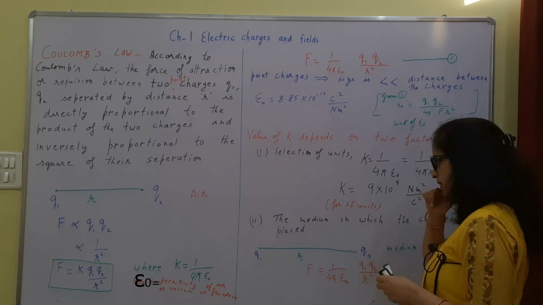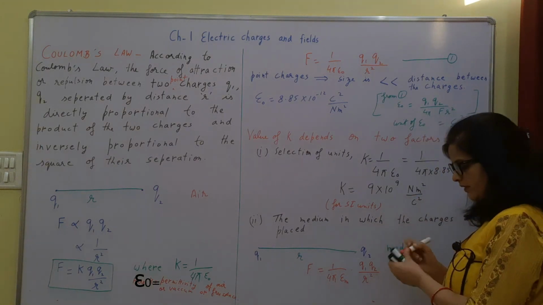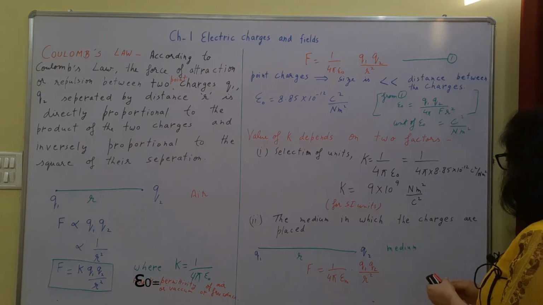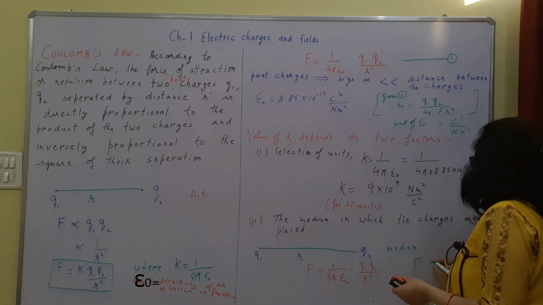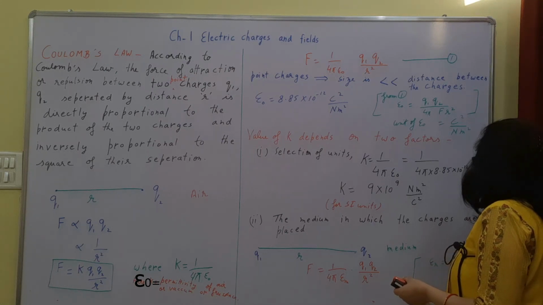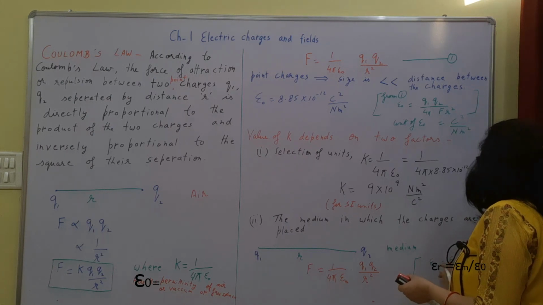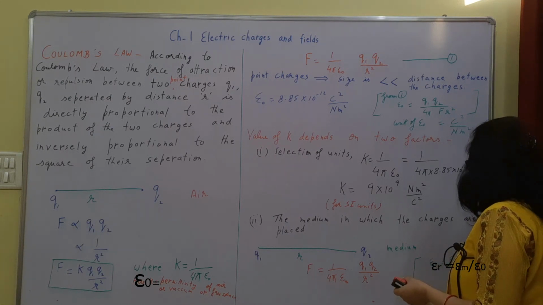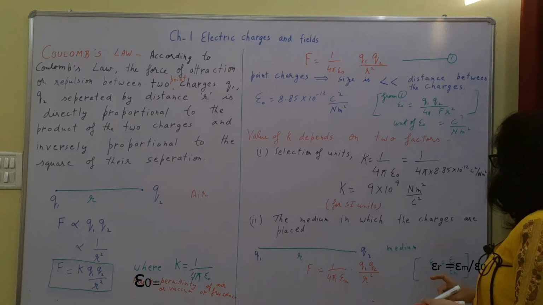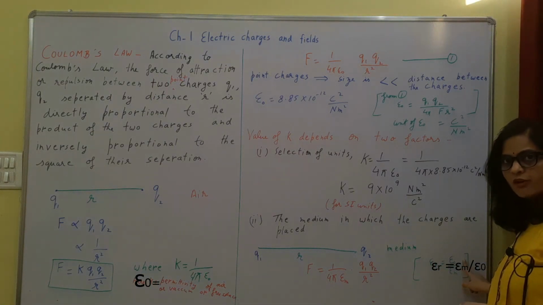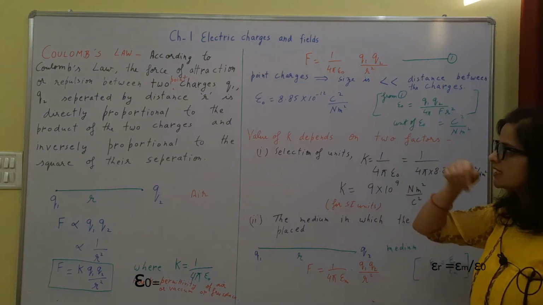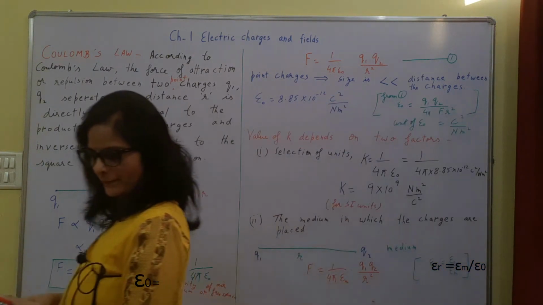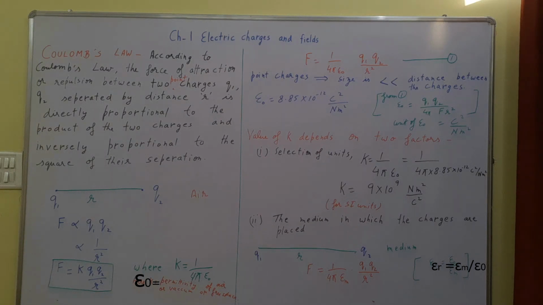And this is the permittivity of the medium, and this can be written as this, which is called relative permittivity. Relative permittivity is the ratio of the permittivity of medium to the permittivity of air. So this was all about the basic concept of Coulomb's law.